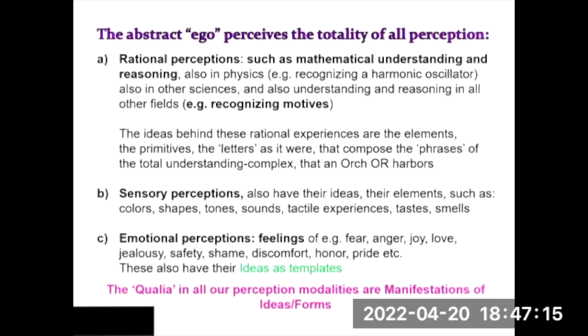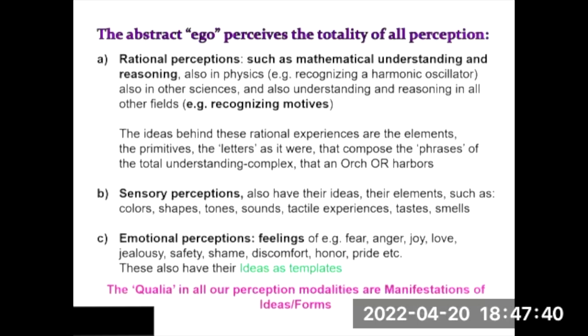Then you have sensory perceptions, those experiences, and emotional perceptions. And the qualia, and all those perceptions are manifestations of ideas, of forms. So ideas of forms are simply the Platonic ideas that you can abstract.